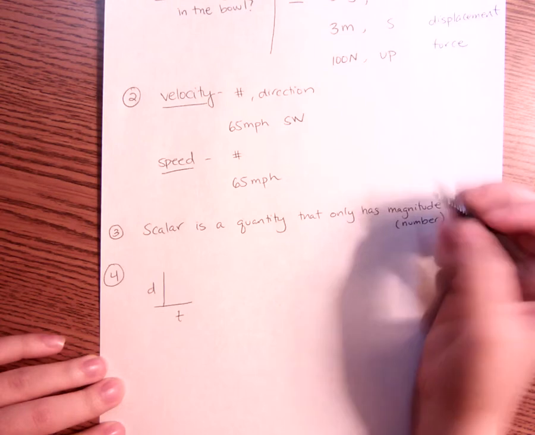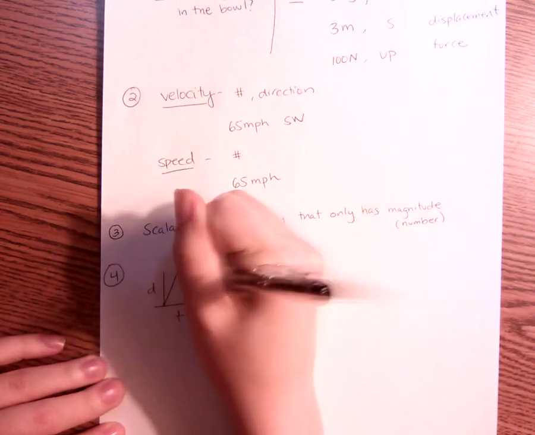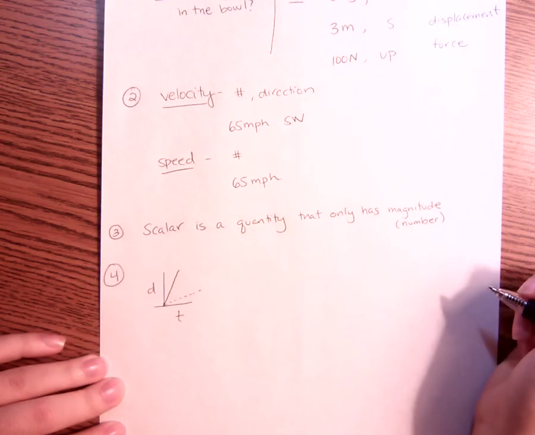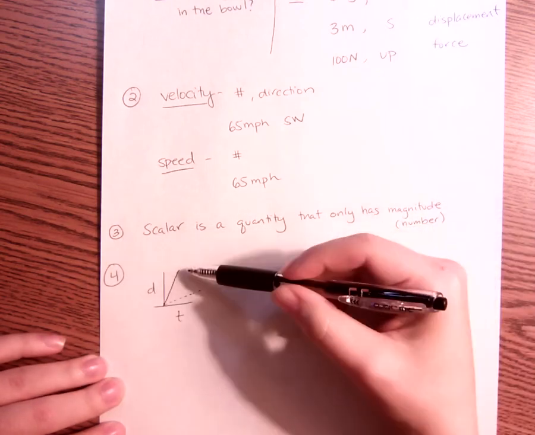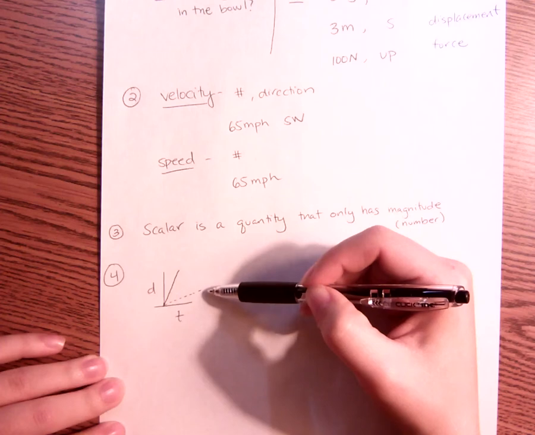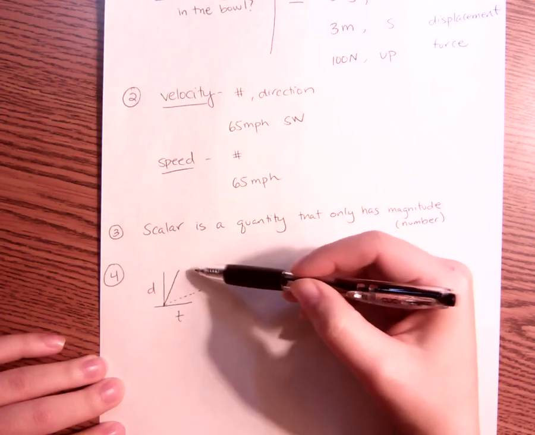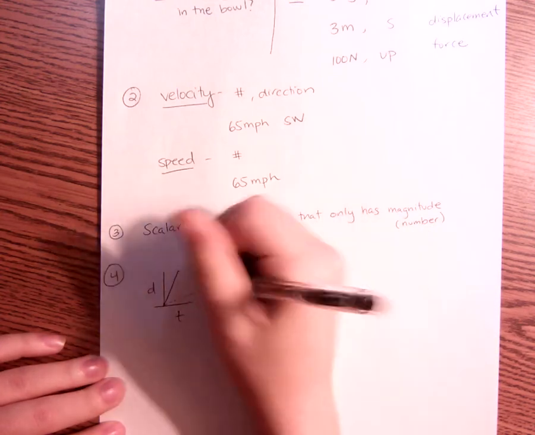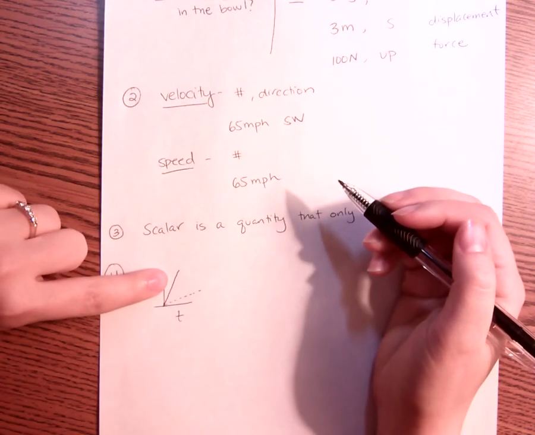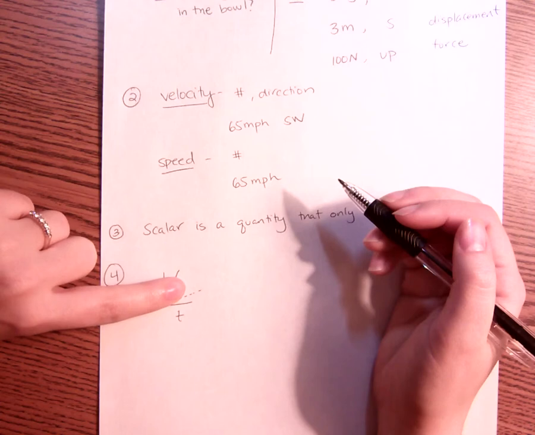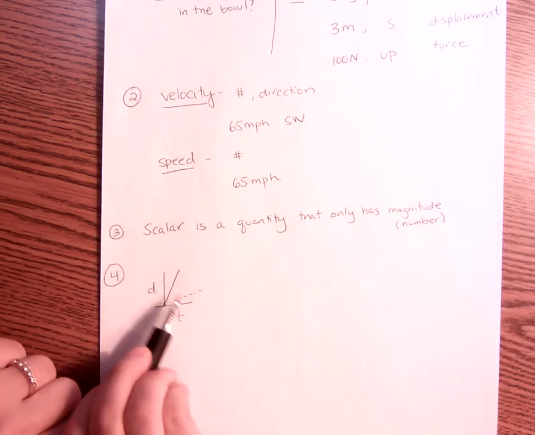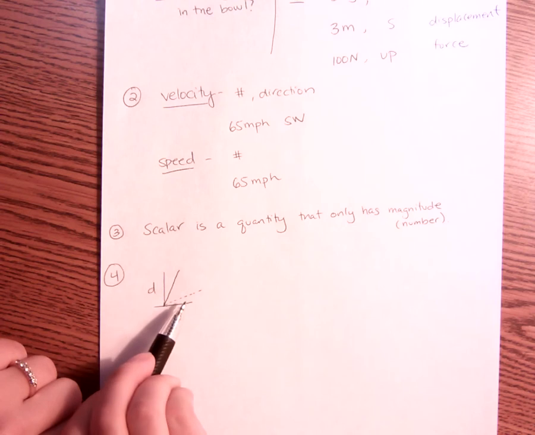I'm going to draw 2 lines, one with a really big slope and one with a smaller slope. These two lines represent two different objects moving. How are they moving differently? What does this different slope tell us? Well, this object is going to be moving faster than this object. So the slope represents a difference in velocity.